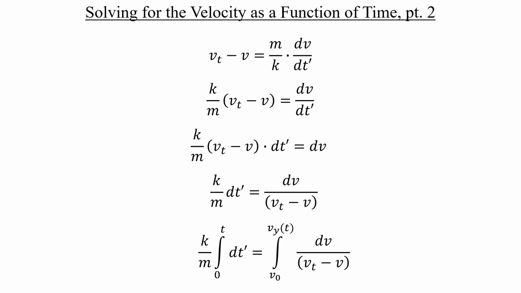Before, I said I would explain on this slide why I used t prime as an integration variable. So let me do that now real quick. Basically, we're breaking a math rule if we have the same integration variable that's used in the integration limits. For example, it doesn't make any mathematical sense if we integrate from 0 to t using dt.